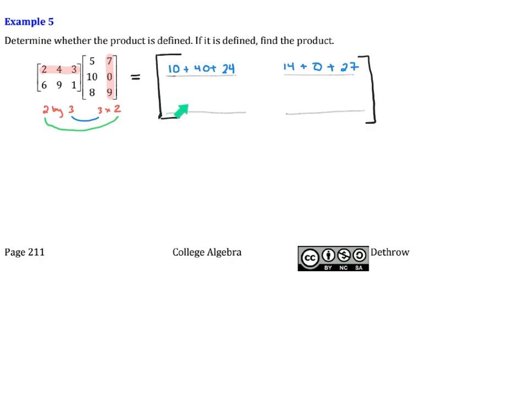Now, we'll look at the second row, first column. We'll take 6 times 5, 9 times 10, 1 times 8.